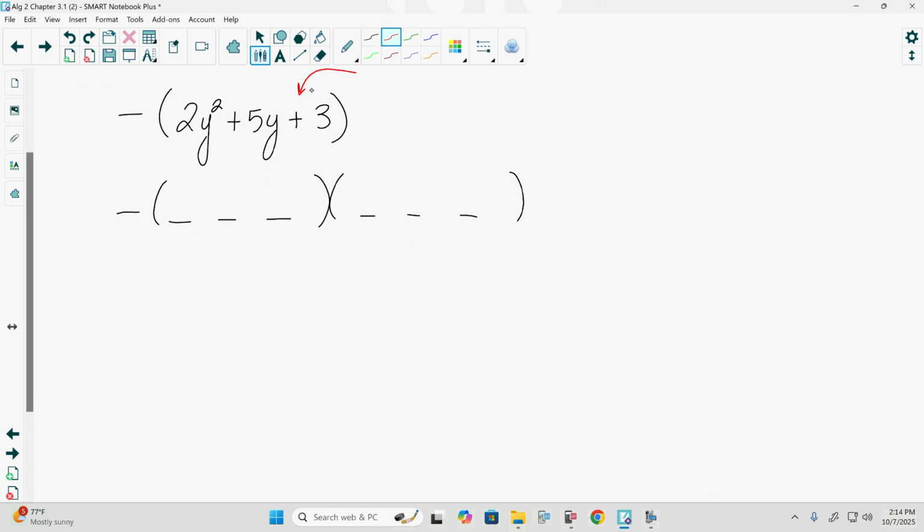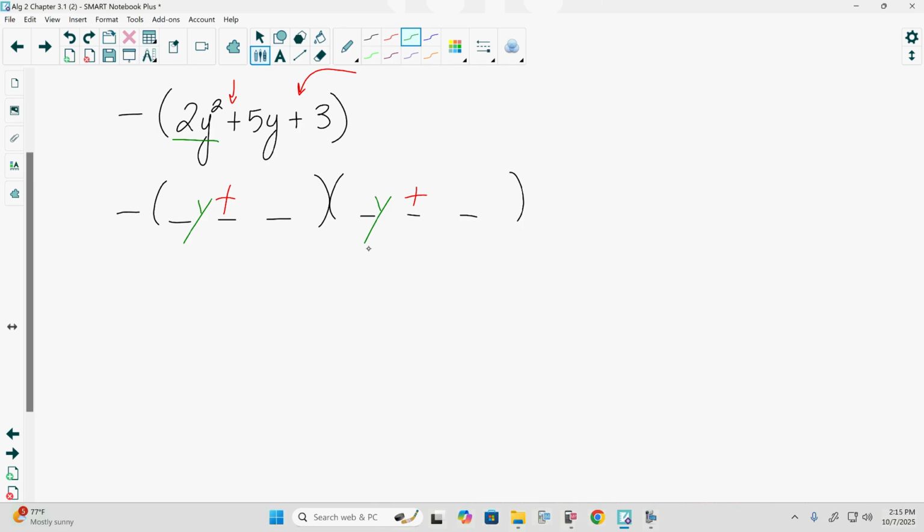Since the third term is positive, our signs are the same and match the sign of the middle term, which is also positive. So we get plus and plus. Now we need to find the factors of the first and third terms. So 2y squared, well, the factors of y squared would be y and y, because that's the only factors for y squared.